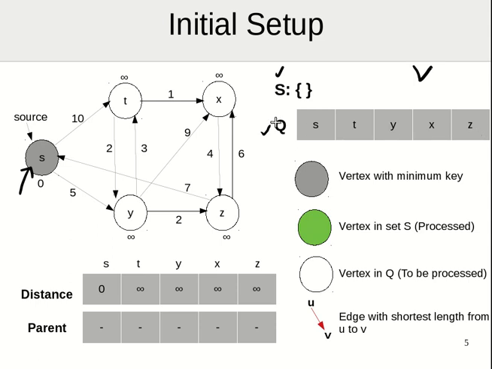Now because this is a priority queue, we have to give a priority or key value for each element. The priority or the key value for each element is written here.